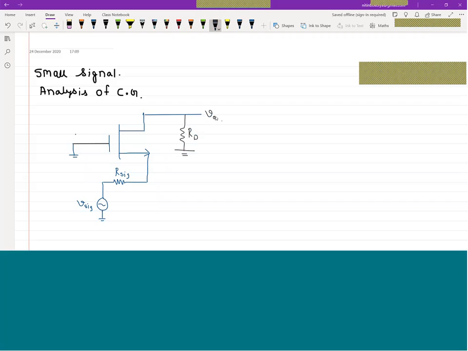So again we are having one resistance at the source terminal. So I will use our T model to analyze the circuit.